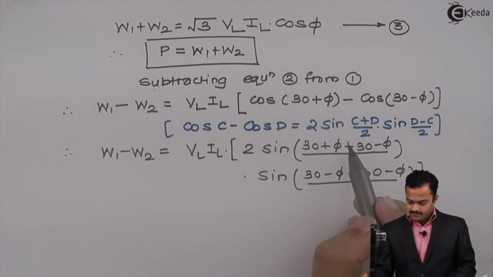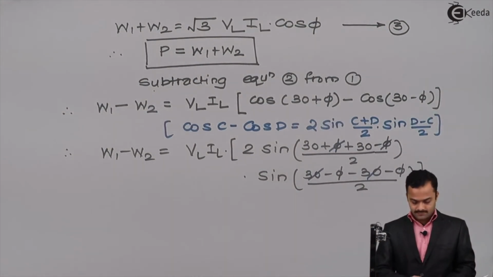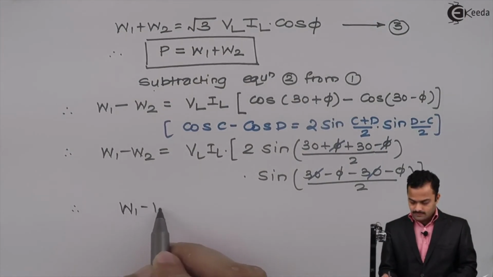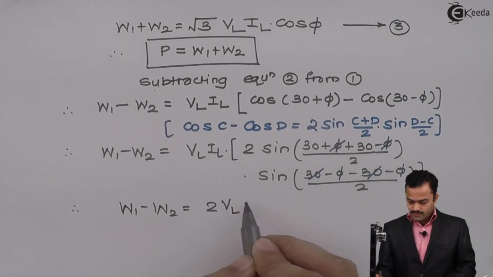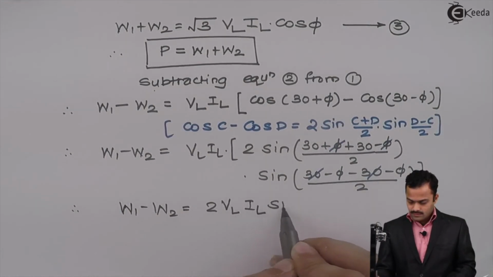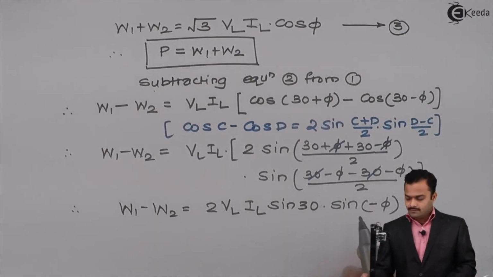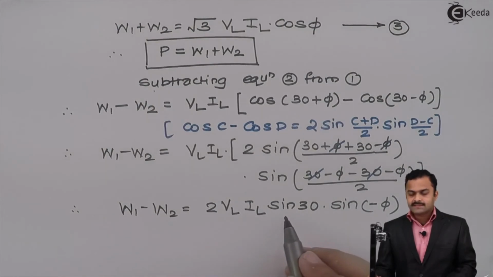So here 5 gets cancelled, 30 gets cancelled from the second term, and if you simplify further, I will get W1 minus W2 as 2 VL IL sine 30 multiplied by sine minus 5. Sine minus 5 is nothing but minus sine 5, and sine 30 is 1 by 2.